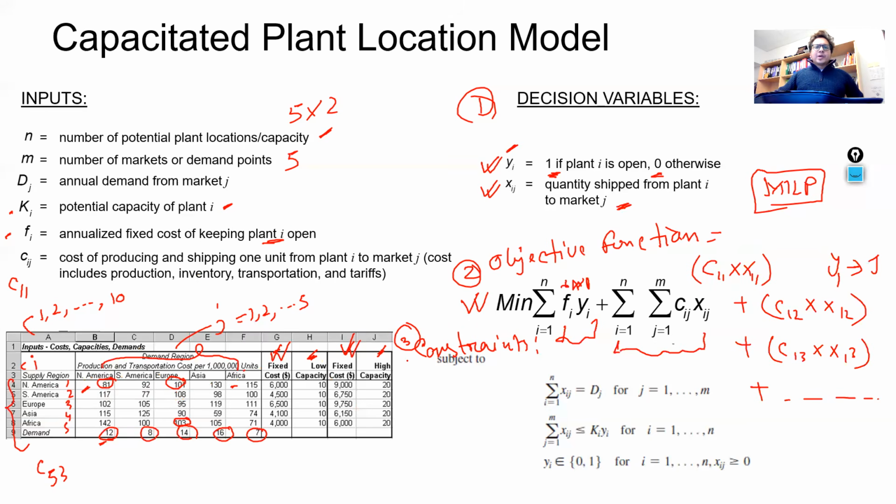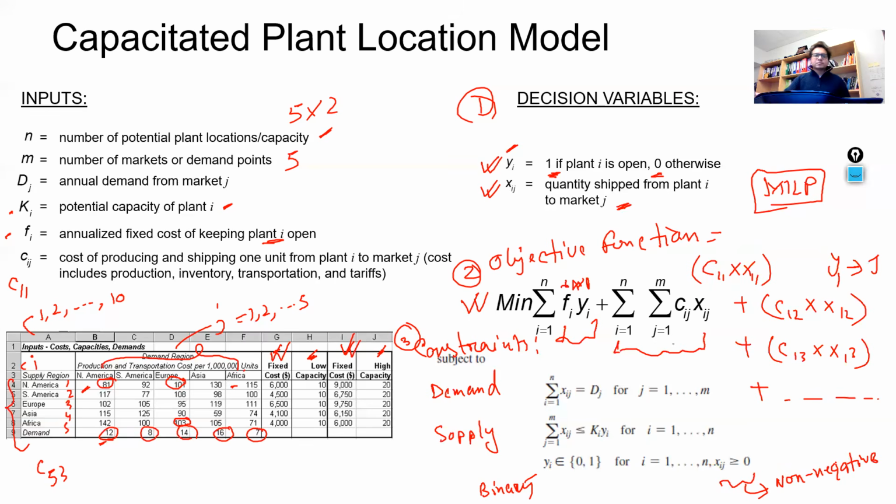Here we have 3 constraints. A simple way to look at it is that the first one is a demand constraint. The second one is a supply constraint. Here this indicates the binary constraint, whether a plant is open or not. And this we can call the non-negative constraint.